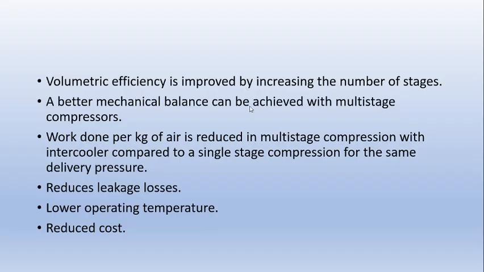The second one is a better mechanical balance can be achieved with multi-stage compressors. Third, work done per kilogram of air is reduced in multi-stage compression with intercooler compared to a single stage compression for the same delivery pressure. This is also very important.